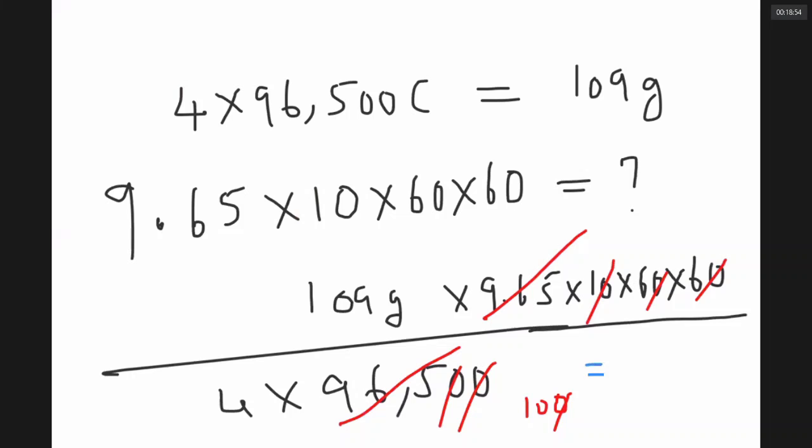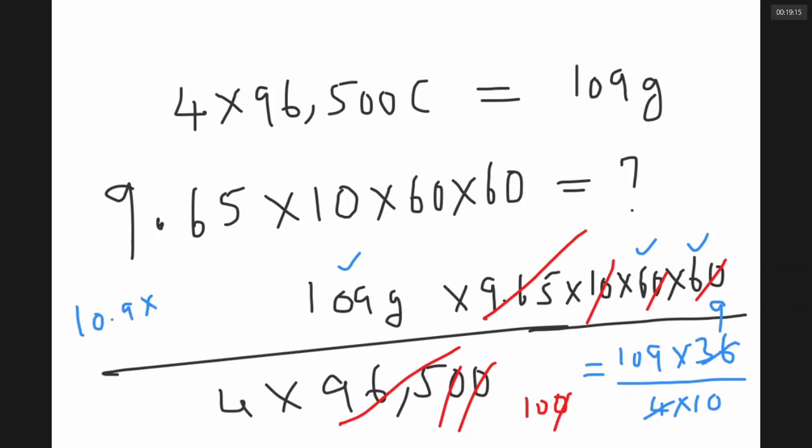Now I am left with 109 into 6 into 6, 36, divided by 4 into 10. It goes 9 fours. It is 10.9 into 9. Approximately 99. What is the answer, sir?